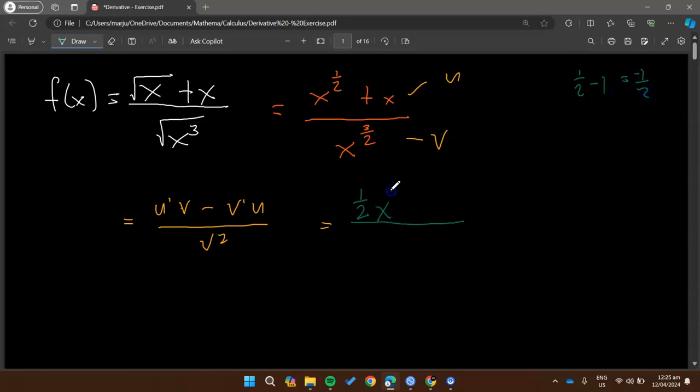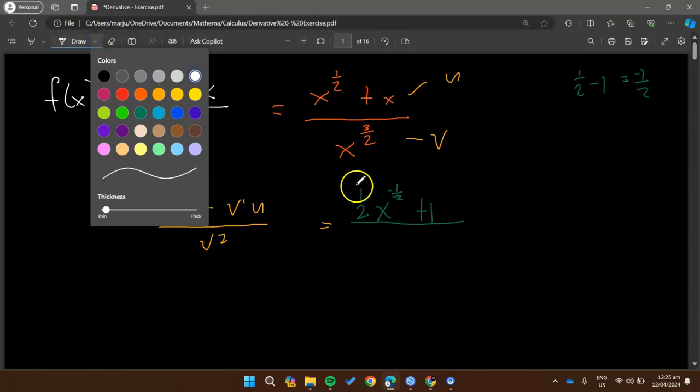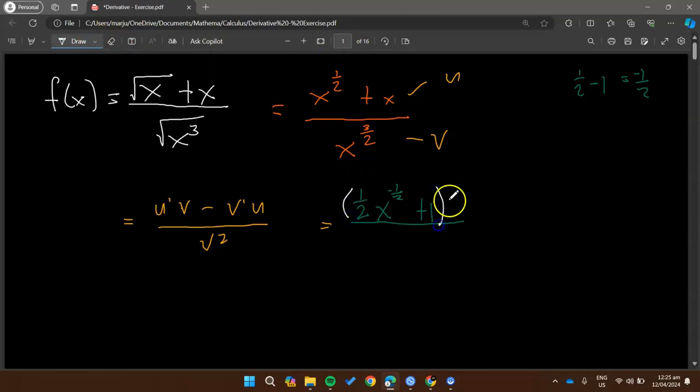So we have 1/2 x raised to negative 1/2, and then the derivative of x, that is just plus 1. Alright, and then multiply it by x raised to 3/2.